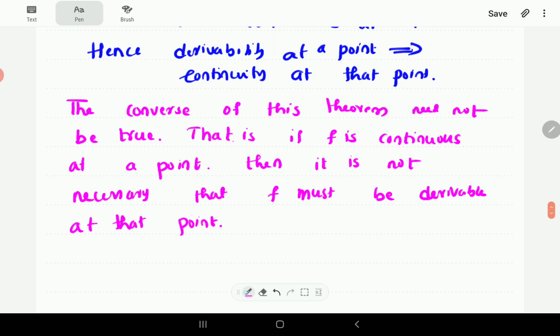So if f is continuous at a given point, it is not necessary that it should be derivable at that point. So for this we need to give a counter example, right?